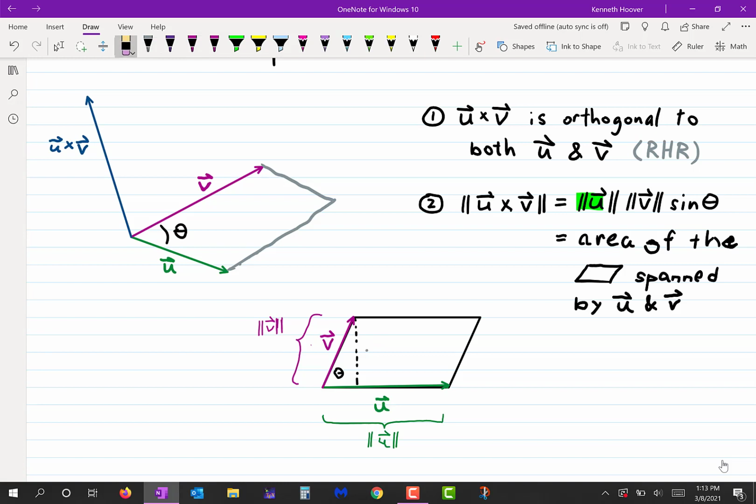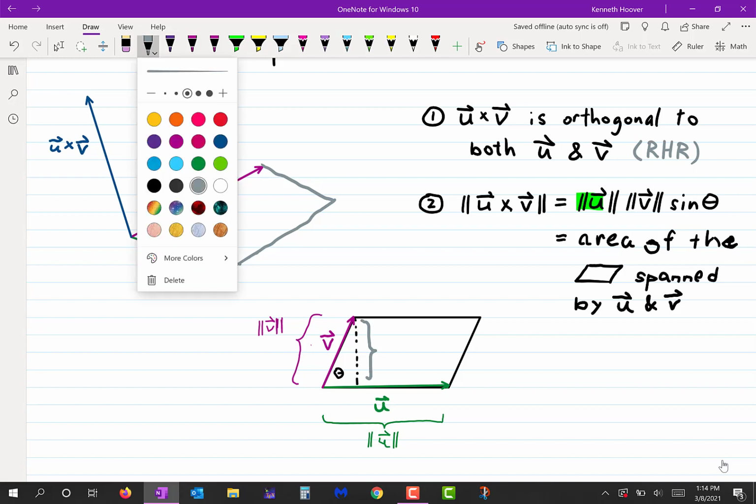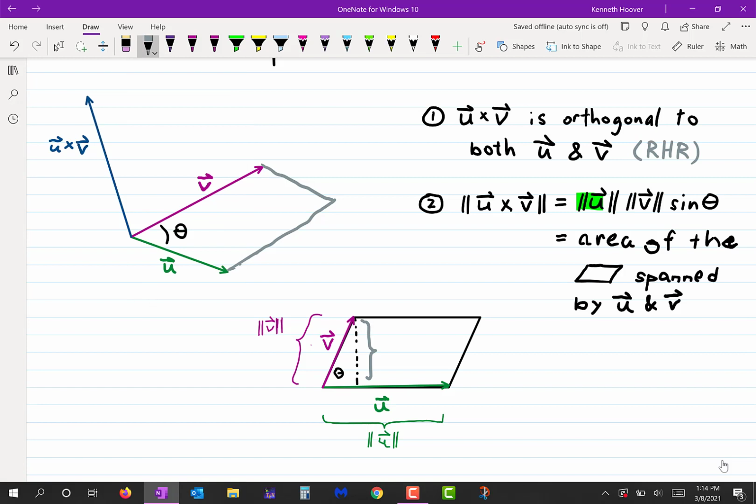What is the height then? Well, simple trigonometry tells us that that height is the magnitude of vector v times the sine of theta. So when we say the area of the parallelogram is base times height, that means the area of the parallelogram is magnitude of u times magnitude of v times sine of theta.